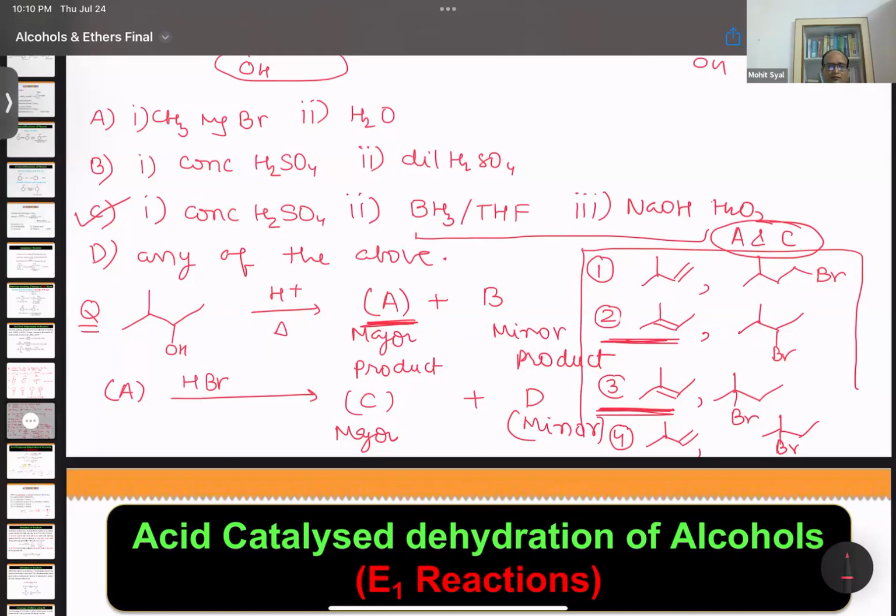Is it clear or not? For the structure of A, I am telling more branched alkene. This is less branched. Okay, so one thing is sorted out, that is the structure of A. That is matching in option 2 and option 3.